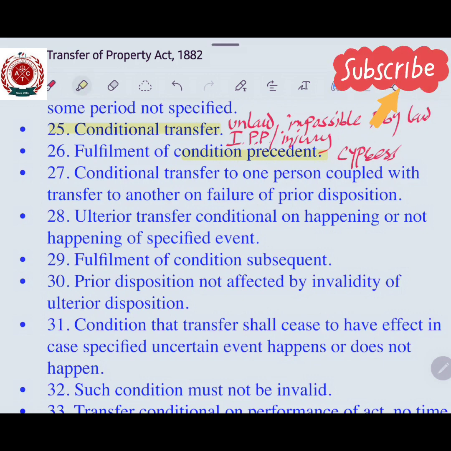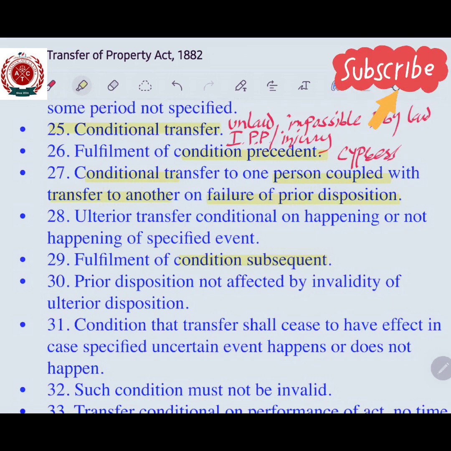Okay, this section 27 deals with the doctrine of condition, transfer to one person coupled with transfer to another on failure of prior disposition. So it is also called the doctrine of acceleration. Next one is section 29, condition subsequent, ulterior disposition. Condition subsequent is dealt with under ulterior disposition.